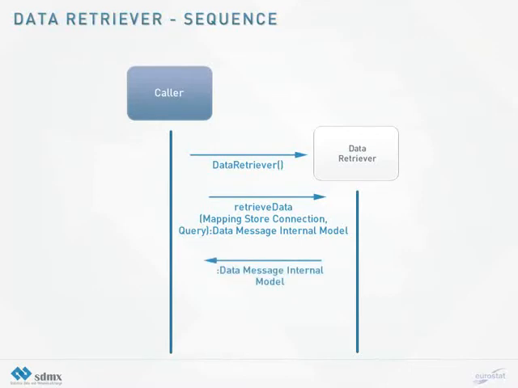The data message is stored in the internal model, and a reference to this data message is passed back to the caller. The function getDSD is used by the caller to get the DSD in the internal model format. Finally, the DSD is stored in the internal model format.